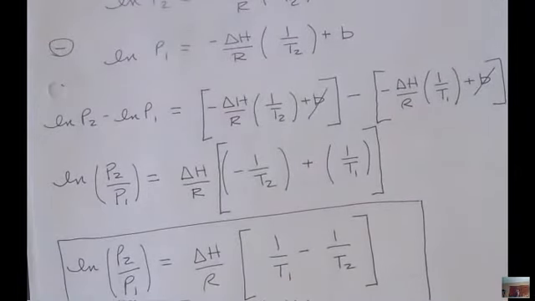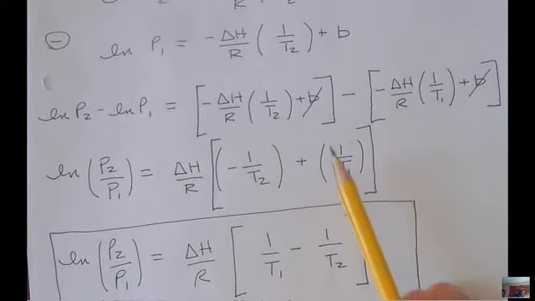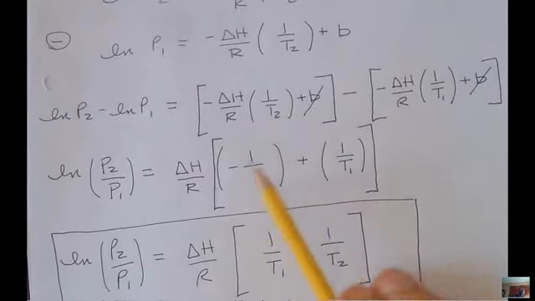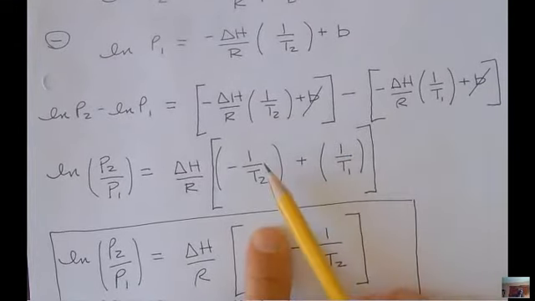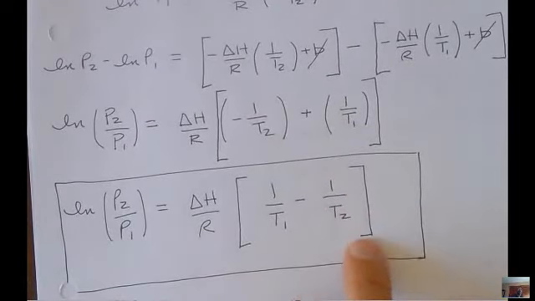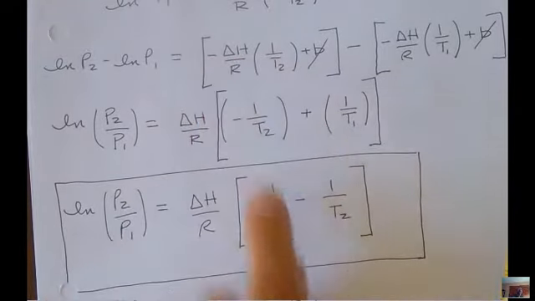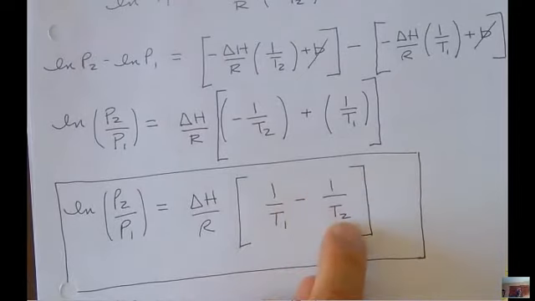Well, that looks awkward. Why would we put the minus 1 first? Usually we have an entity, 1 over T1, and we subtract off this other entity. So that's why you shift it around. That's what causes the Clausius-Clapeyron equation to be reversed. To get rid of this minus sign back here, you take 1 over T1 minus 1 over T2.